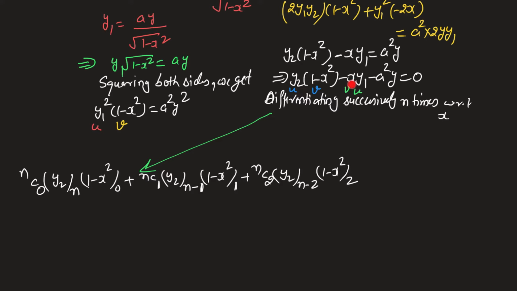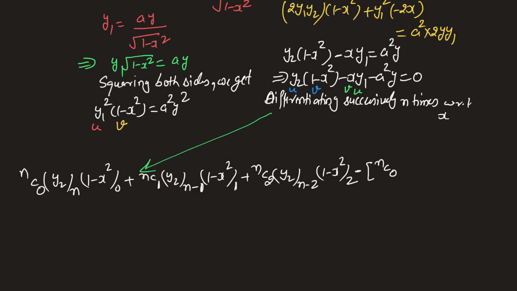And we will also be applying the Leibniz theorem on this one. This will be minus nC0, and what is that? This is the nth order derivative, this is u.